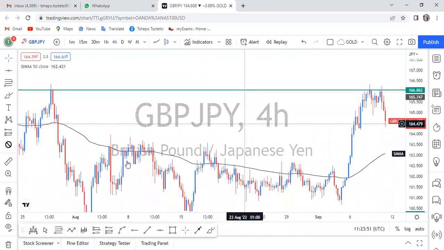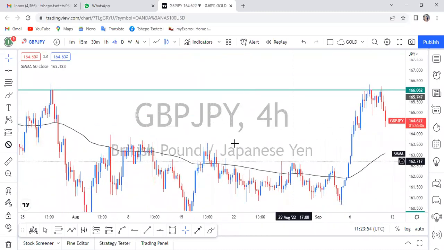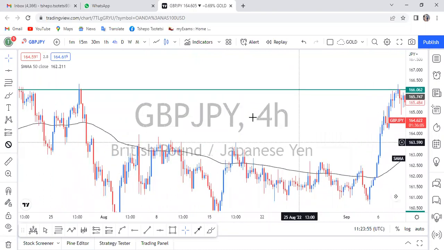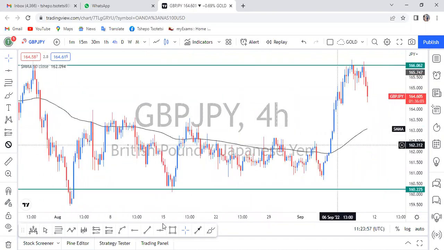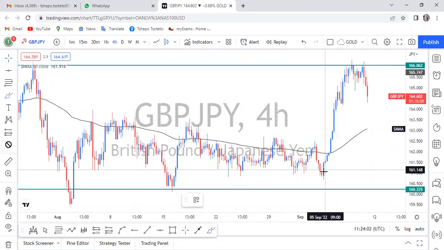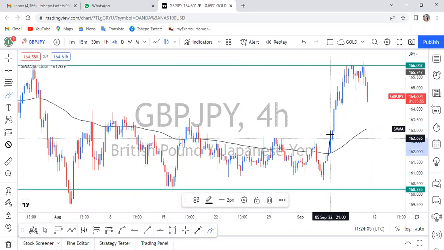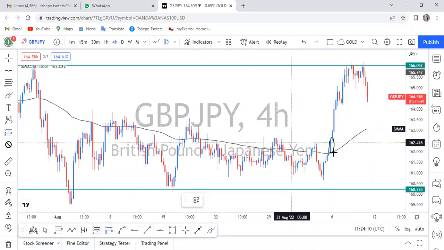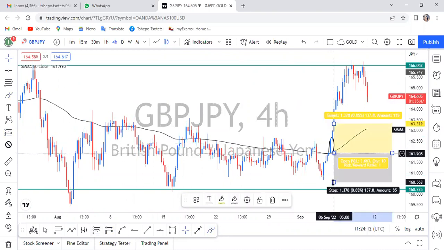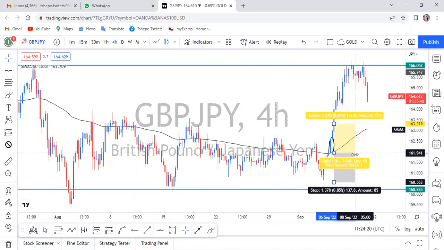If you're looking at the moving average, you will wait for a full 4 hour candle to close above your moving average, and you will take your entry here. Once the candlestick closes above your moving average, that's when you take your entry.